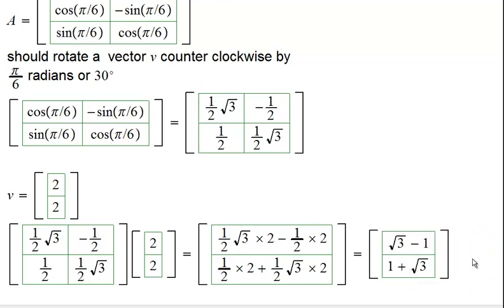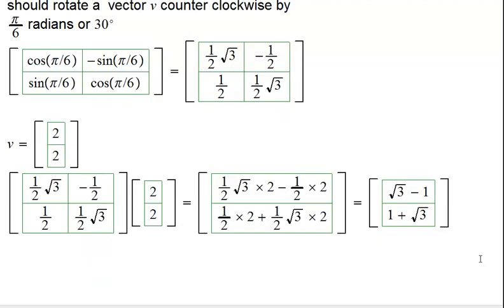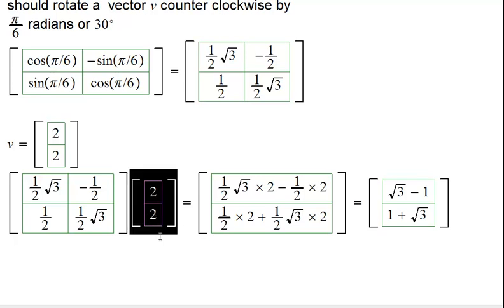So this is the value of AV, and remember the angle made by the original vector is how much? 45 degrees.